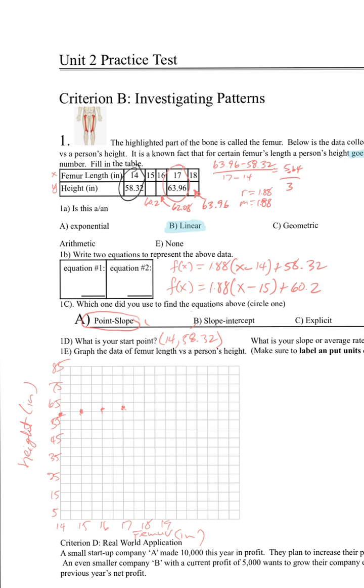You know it's a straight line, so you have to make sure the dots that you add will give you a straight line. And 18, 17, 18 is 64, about 64, so about right here. And then 19, 18, I can make a guess, 19 should be somewhere there.